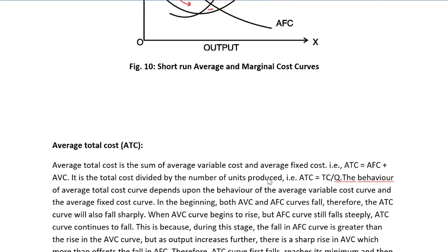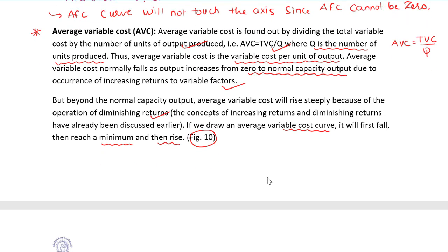Let us continue. Average variable cost, just write over here. Up to normal capacity of output, AVC decreases as output increases.